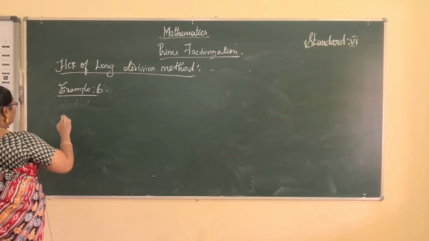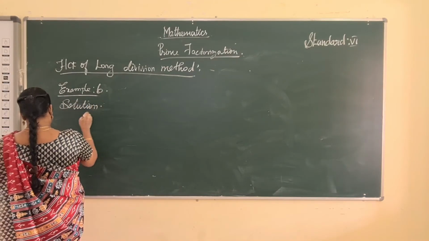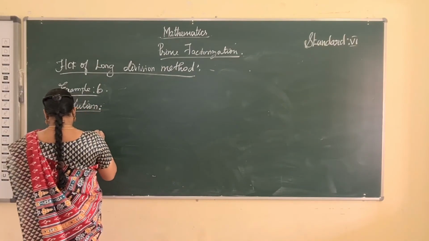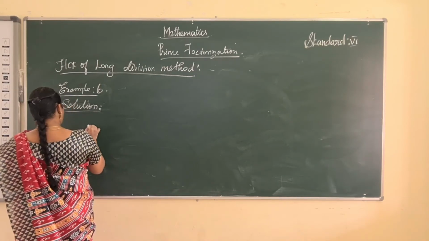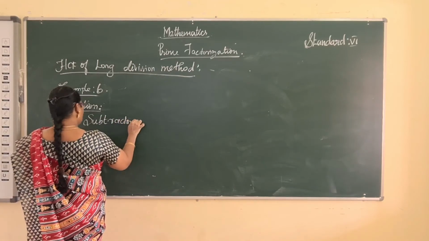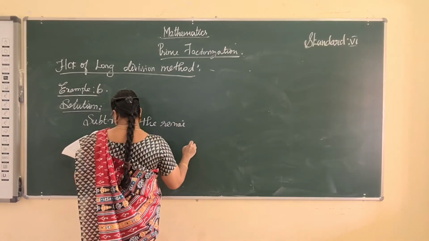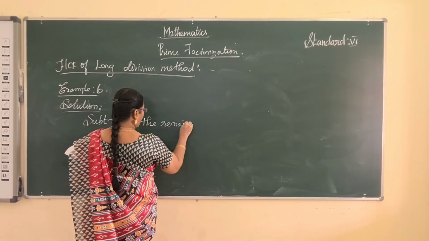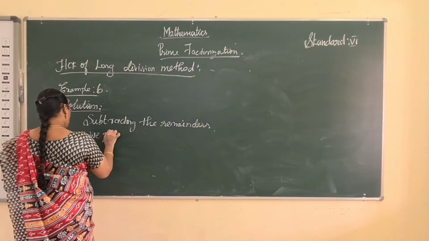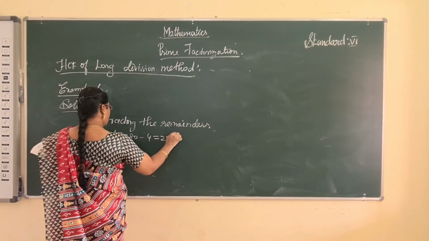Okay. So, solution. Subtracting the remainders, because the given numbers leave the remainders. So we get the number 280 minus 4, what do we get? 276.